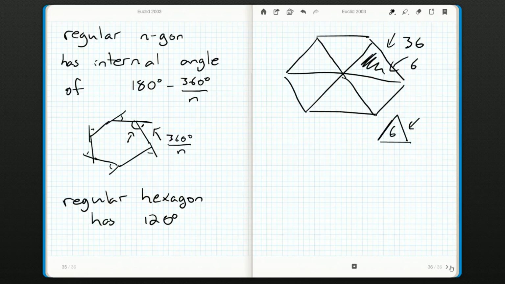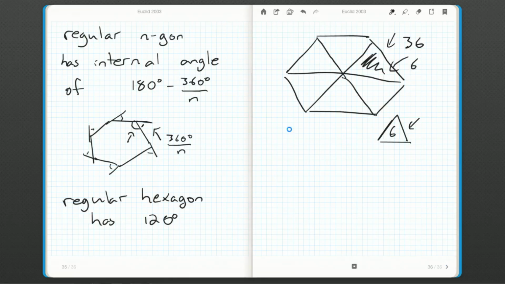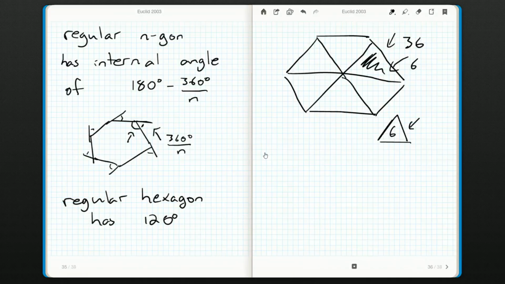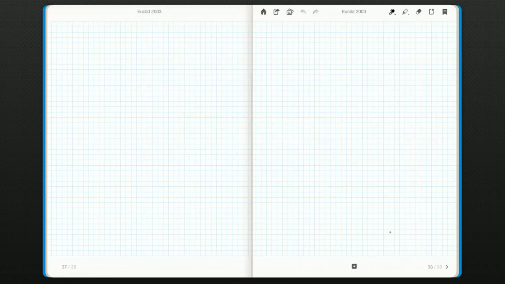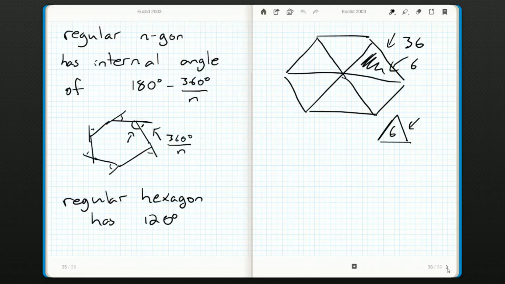Okay. But I originally said I'm going to take this diagram and add angles. Oh dear. Oh, no, there we're good. I didn't go too far, did I? Nope, we're all set.